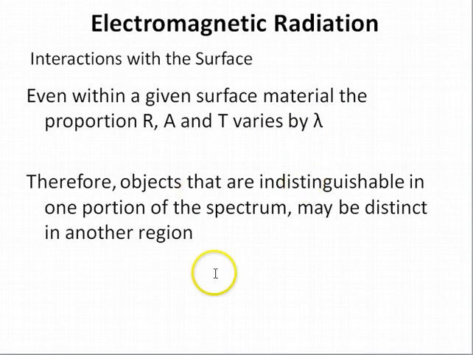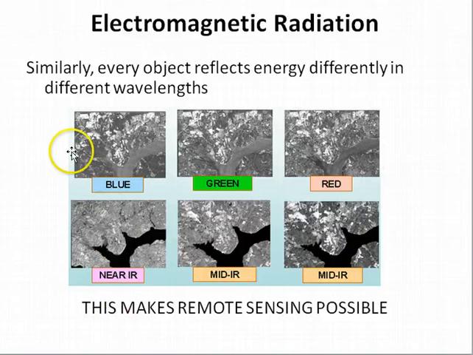And so what's really interesting, and what gives us the power to discern different objects, even though maybe, for example, to our visible eye they may look very similar, is that some objects that may be indistinguishable in some wavelengths are actually very distinct in others. For example, consider this one shot here over a surface with both water and vegetation in developed areas, and you can see the various bands represented here, from blue all the way through the mid-IR.